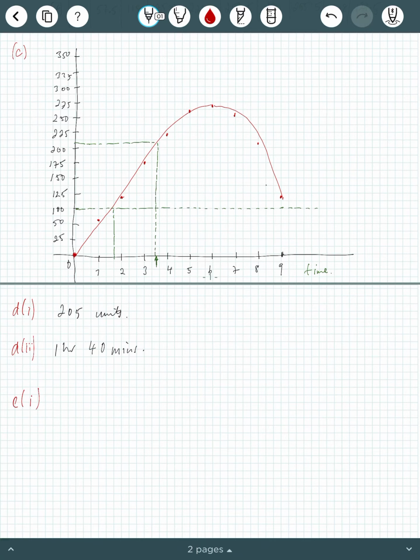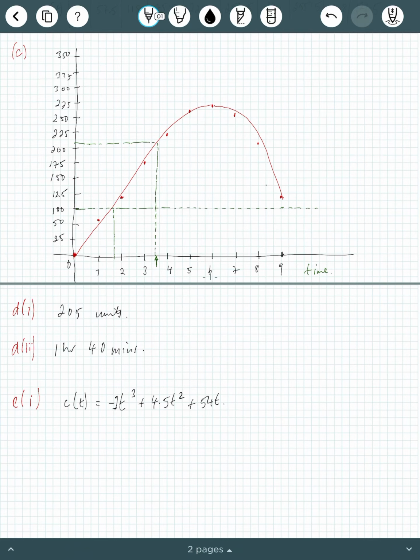Okay, so basically what you do is you write out your function. And your function again, given to you in the question, is c of t is equal to minus t cubed plus 4.5 t squared plus 54t. Now in front of that minus t cubed there's a 1, which we know.